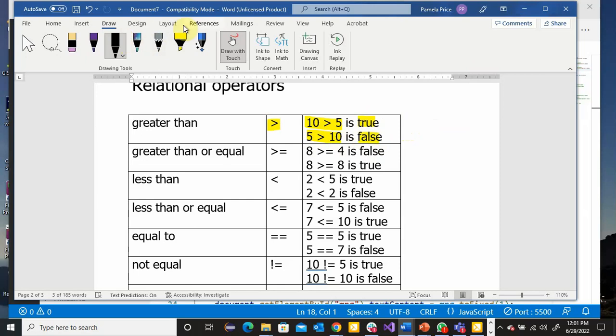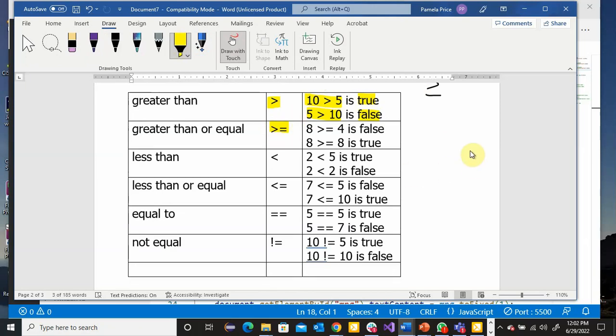If you want to ask if a number is greater than or equal to, in math class, you probably write something like this, but we don't have a key like this on the keyboard. So you have to use greater than and the equal sign right next to each other to represent greater than or equal. And you want to do it in this order, and you don't want to put a space between them.